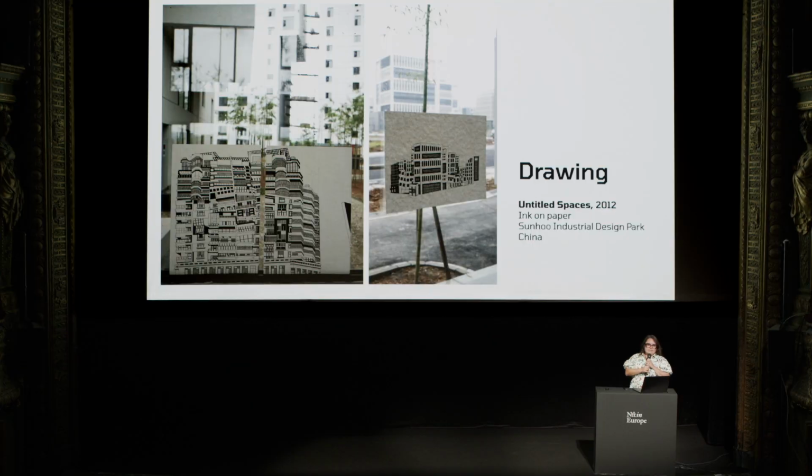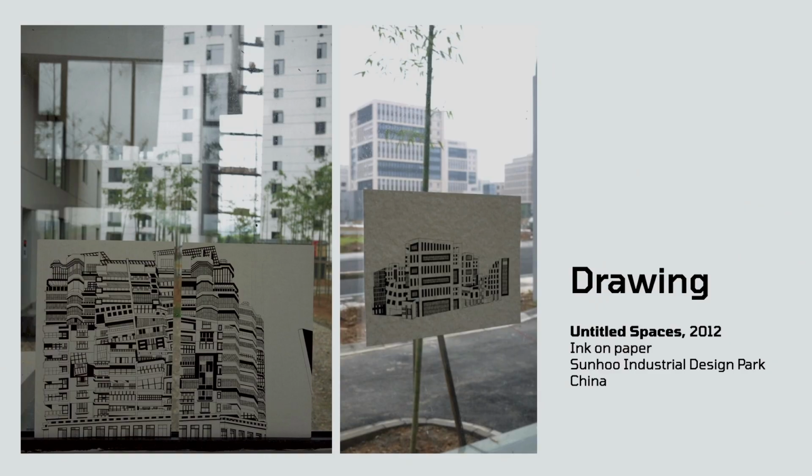Then in 2012, I went to Germany to study drawing, and I ended up participating in a creative residency program in China. This work you see on the screen is a site-specific drawing. I created this piece in loco in Hangzhou, and it's called Untitled Spaces.